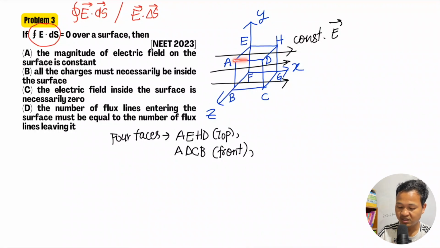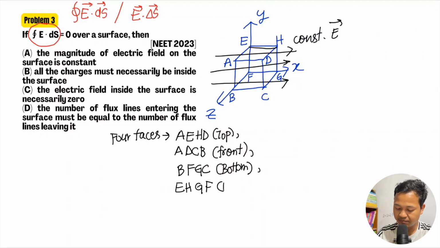Then another one that is B F G C, the bottom face. Then the remaining one is E H G F, which is the back face.